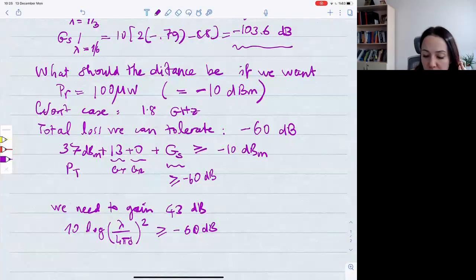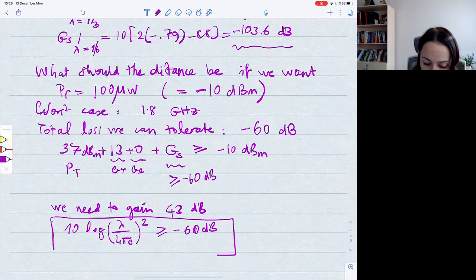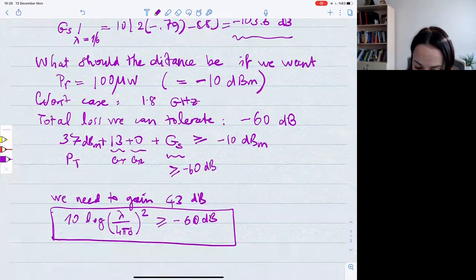So what is the ratio in distance that is going to gain you 43 dB though? I mean, we can compute d from here, right? But we can also compute the ratio of distance, right?